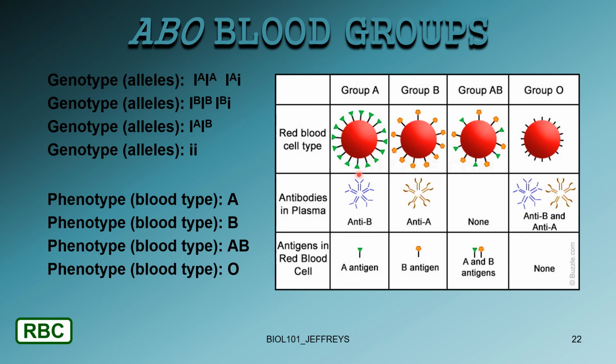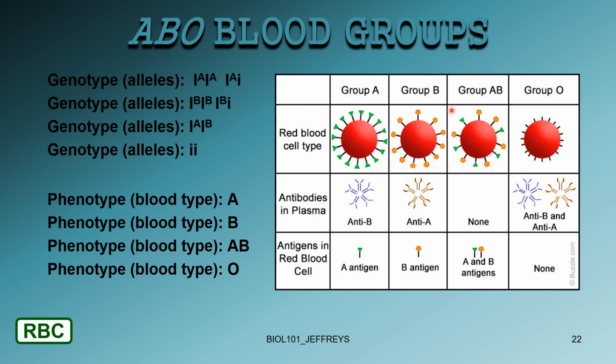Now, if you have A antigens, then you have anti-B antibodies, which means that if you have blood type A, you cannot receive blood type B, because your antibodies will destroy the B blood cells. So A antigens, anti-B antibodies. Can't mix those two types of blood.